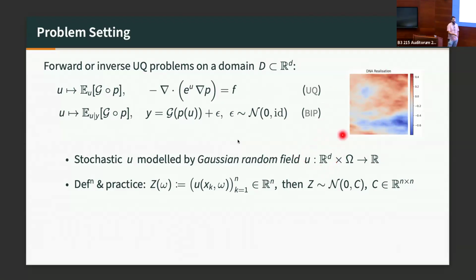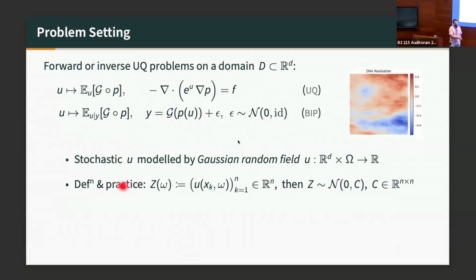You typically want to do this in R2 or R3. So if you have a higher resolution, you'll have in the order of millions to billions of grid cells here. And you want to simulate on a fine enough grid in order to pick up fluctuations in this random field.